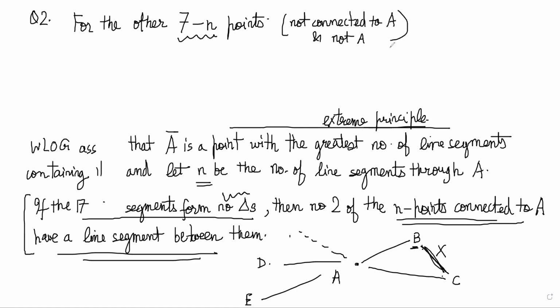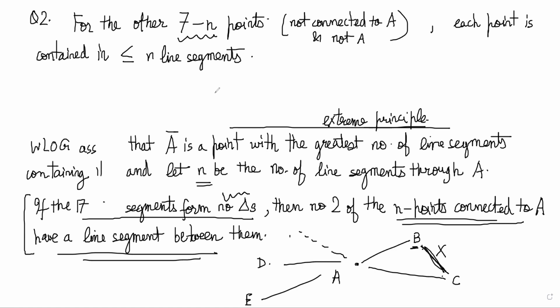For the 7 minus n points, each point is contained in less than or equal to n line segments. What do I mean by that? We have said that A was the point that had the greatest number of line segments containing it, right?